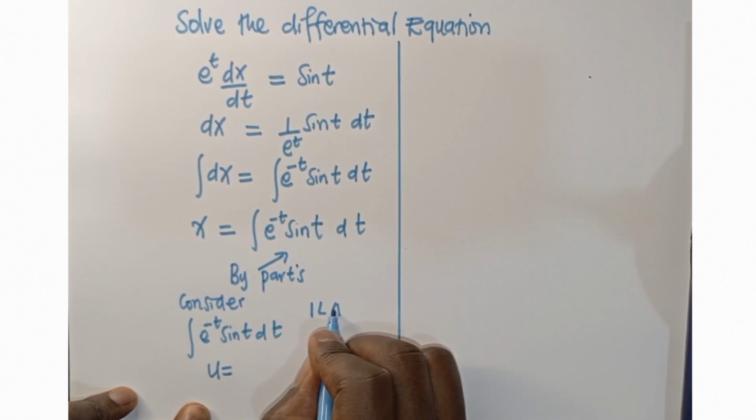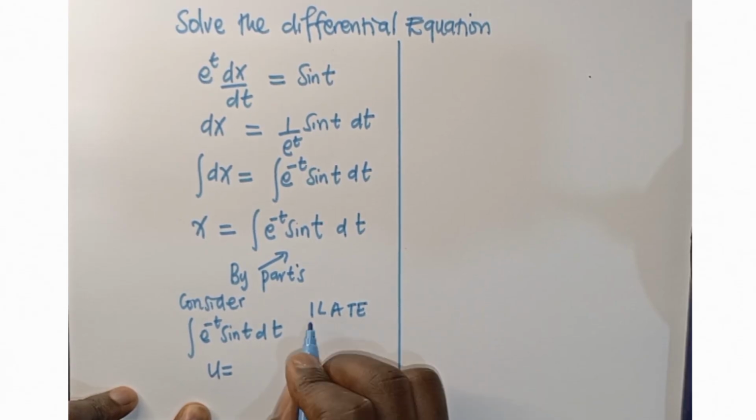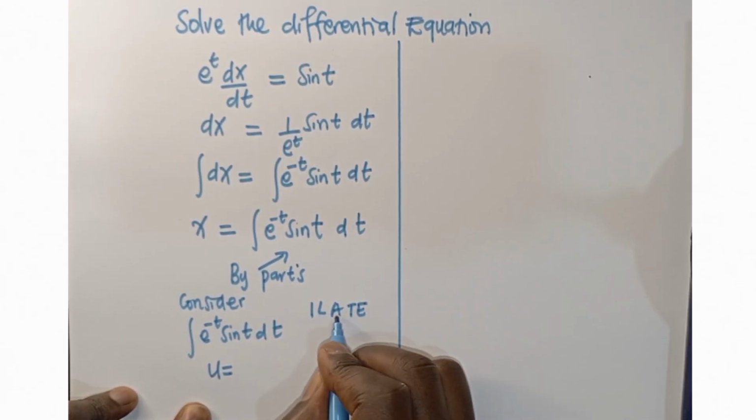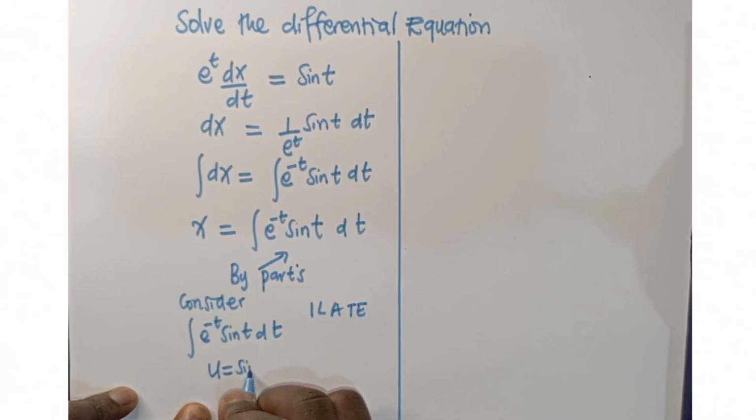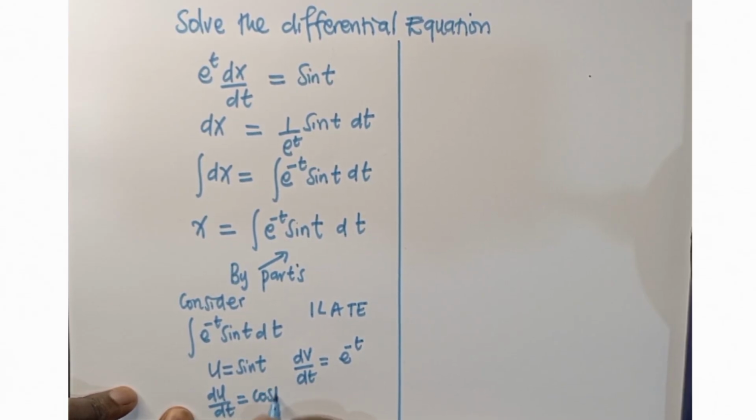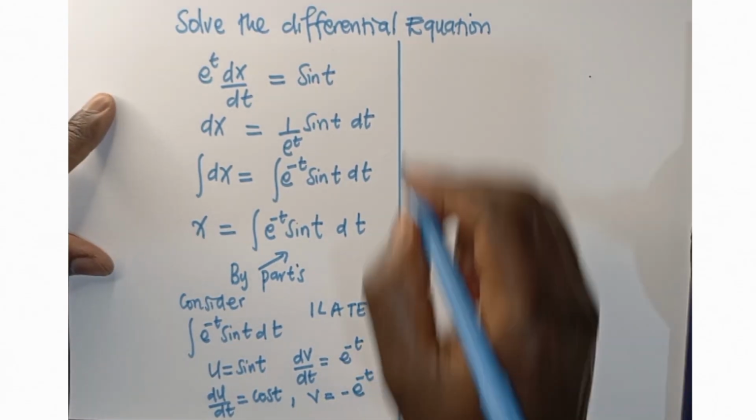So we are using ILATE, that is inverse, logarithmic, algebraic, trigonometric, and exponential. So we have our u as sin t, and then our dv/dt is actually e to the negative t. So when you differentiate, du/dt, you get cos t, and when you integrate, you get negative e to the negative t.